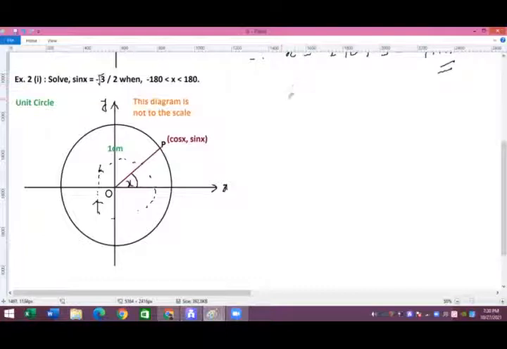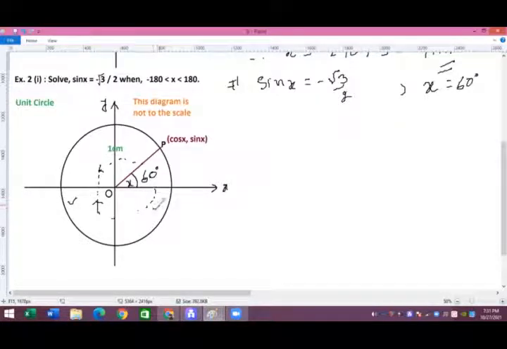So in this case again, your sine x is minus root 3 by 2, and your principal value is 60 degrees that we have already seen earlier. So this angle is 60 degrees. Now we have to work where sine is negative. You know that sine is negative in the third quadrant as well as in the fourth quadrant.